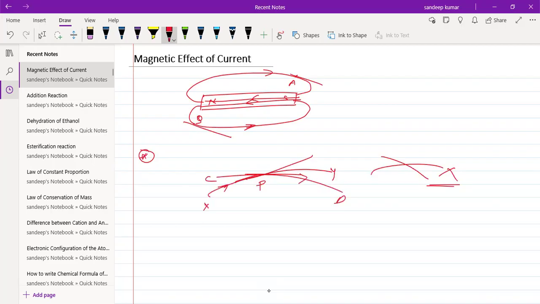Let's talk about magnetic field due to a current carrying wire.